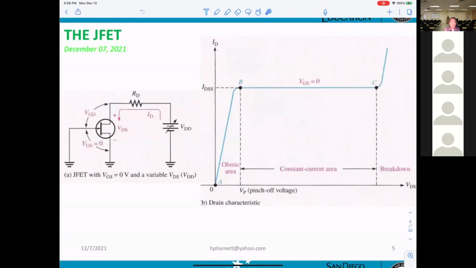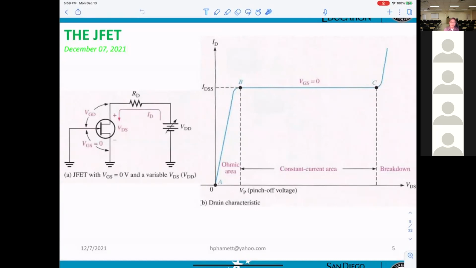I still need a little more. Who can tell me? The saturated current. That is also another name for constant current area, the same thing they call saturation.